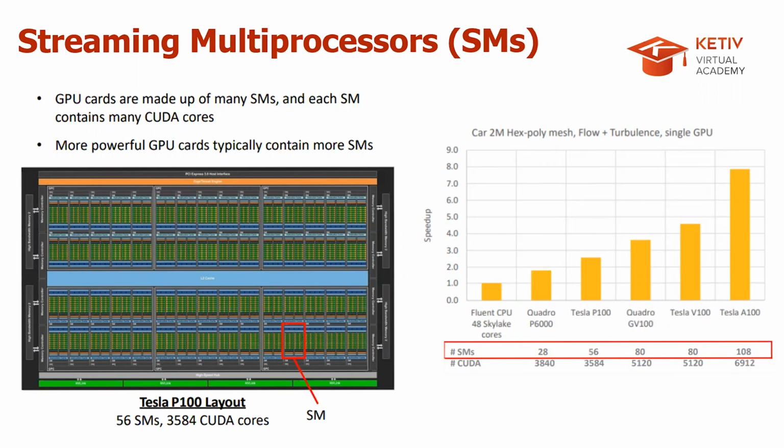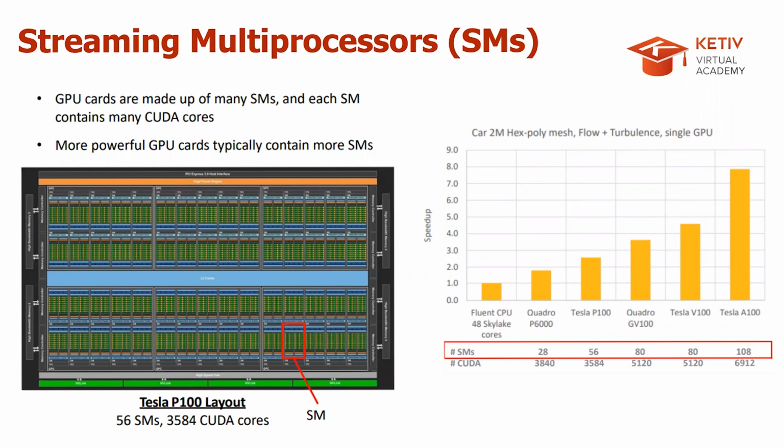I talked about CUDA a little bit earlier, I think in the initial slides, but basically CUDA stands for Compute Unified Device Architecture. It's the parallel computing platform and API that is available on, for example, an NVIDIA GPU card. So each GPU card has some streaming multiprocessors, and those streaming multiprocessors in turn have CUDA cores, okay?